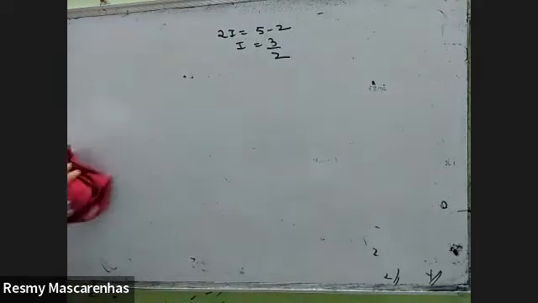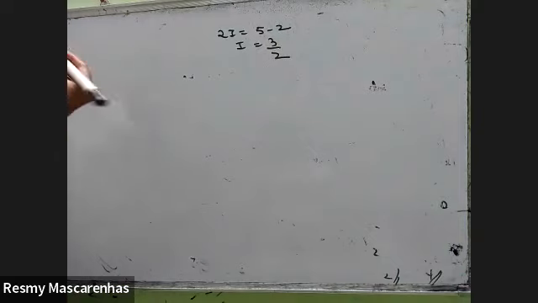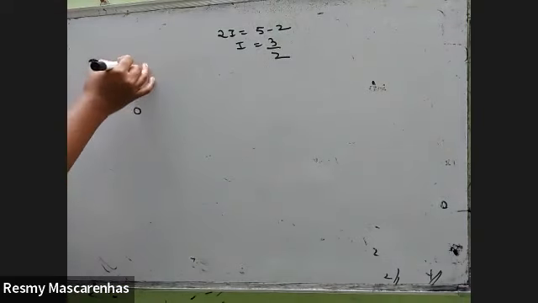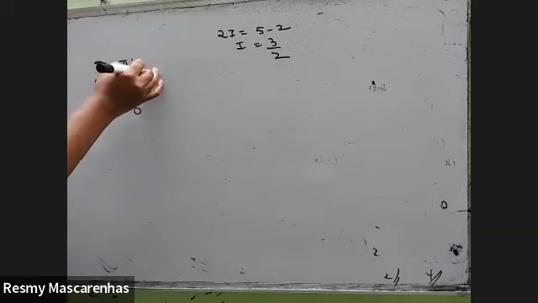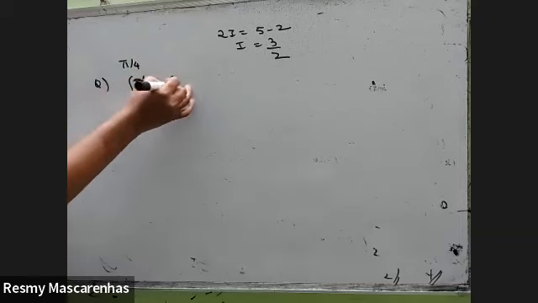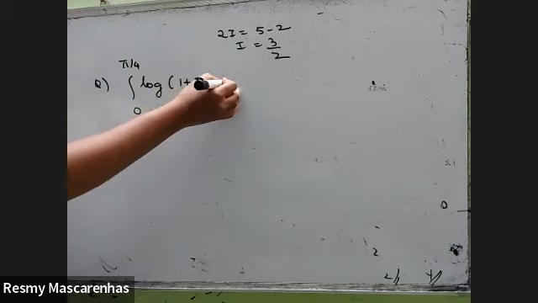This is different from the others, but you have to use a property at some point. We have to find integral of 0 to pi by 4 of log of 1 plus tan x.